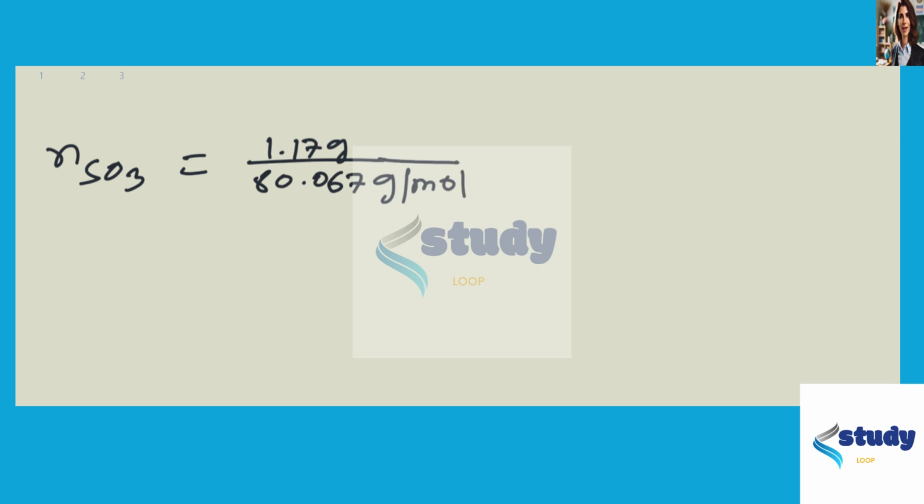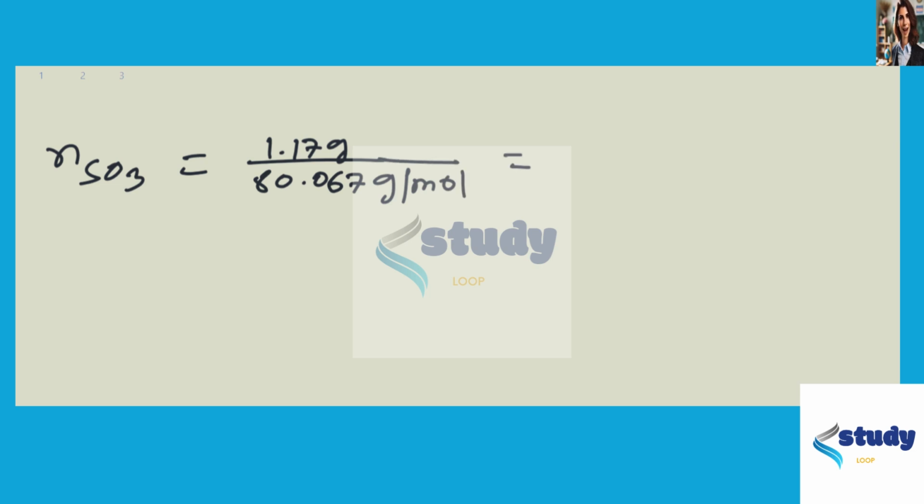So the first step is to find the equilibrium concentration of sulfur trioxide and oxygen. First we find the number of moles of sulfur trioxide, which is simply the mass of sulfur trioxide over its molar mass. The mass of sulfur trioxide at equilibrium is given as 1.17 gram, and the molar mass of sulfur trioxide is 80.067 gram per mole.